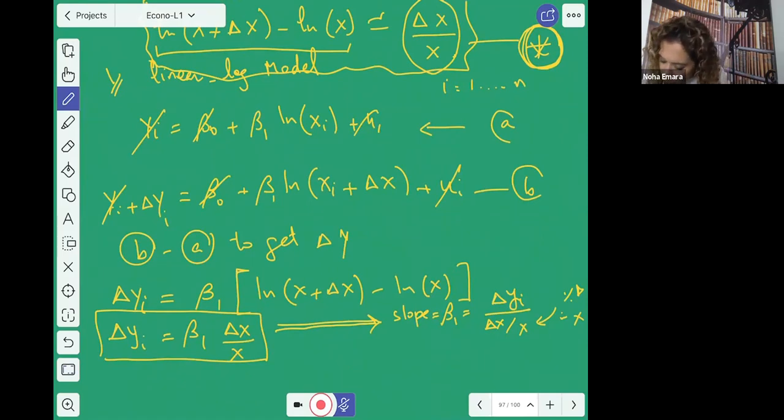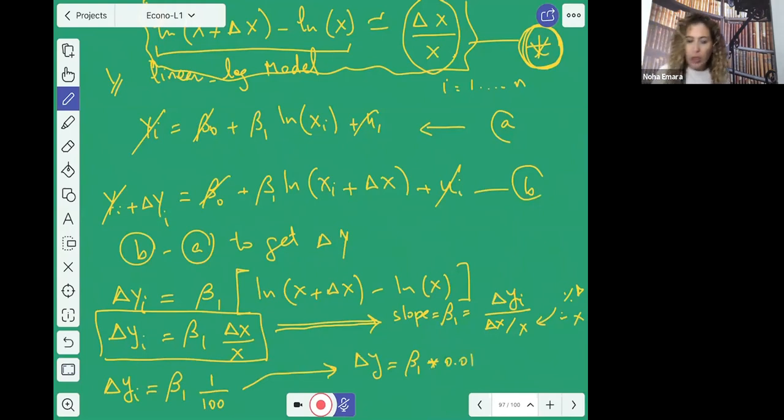So the change in y for a 1% change in x is equal to beta 1 over 100. In other words, the change in y is equal to beta 1 multiplied by 0.01. So anytime I have a linear log model and ask what the change in y is, it is equal to the partial slope attached to x multiplied by 0.01, and this is for 1%.